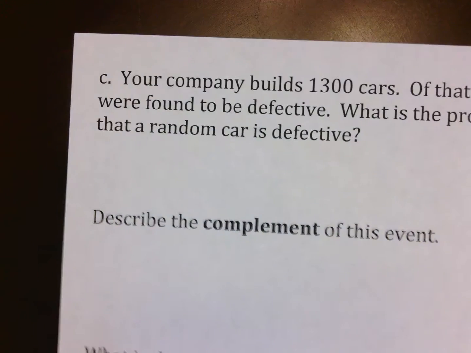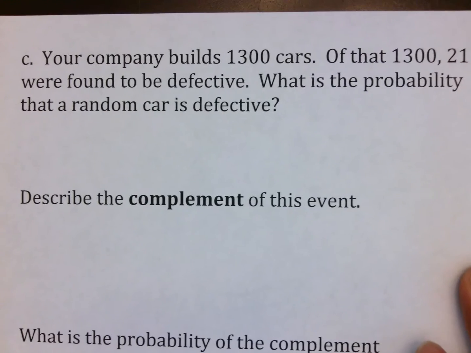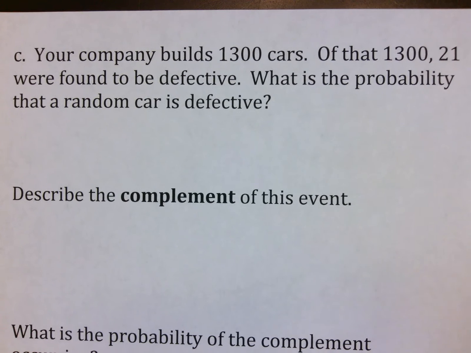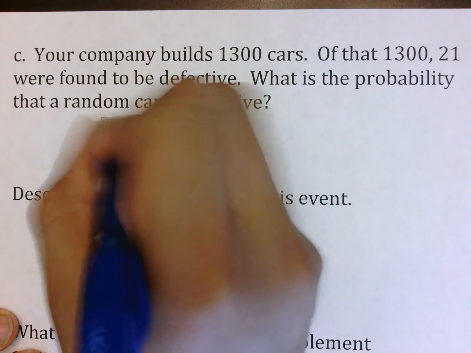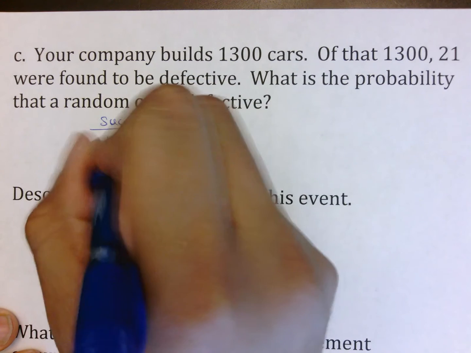Alright. And then the last example, which is kind of long, but again, this is a question you're going to see on your assessment. It's kind of like an experimental probability with some more stuff that we need to discuss. It says your company builds 1,300 cars. Of that 1,300, 21 were found to be defective, which is actually pretty good. What is the probability that a random car is defective? So again, you want the probability first. And again, probability is success over total.